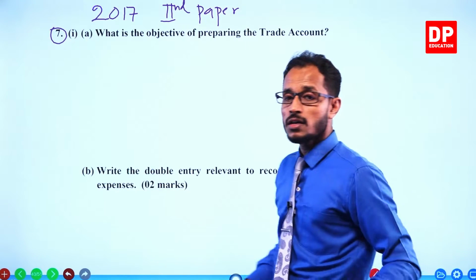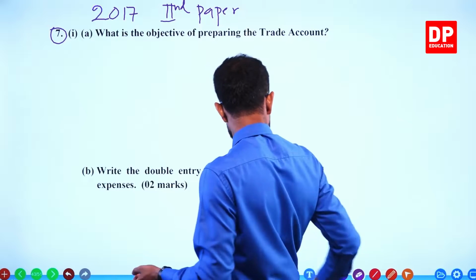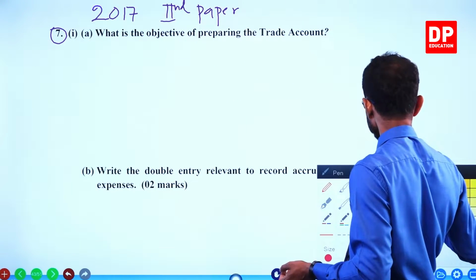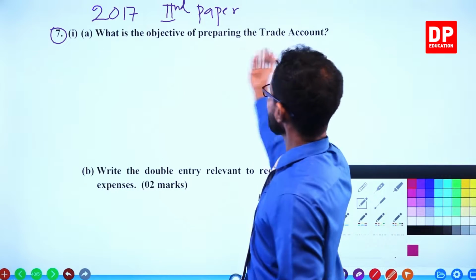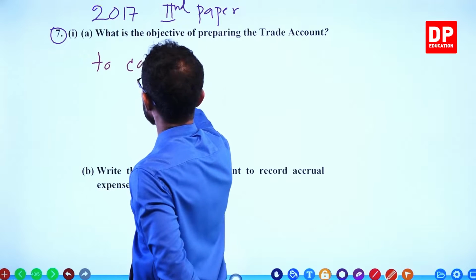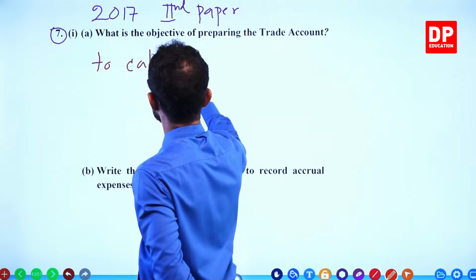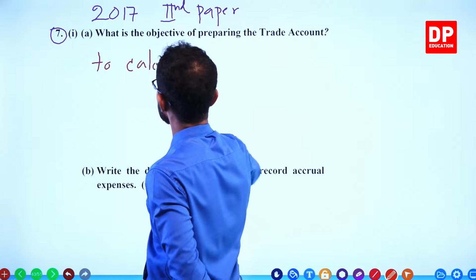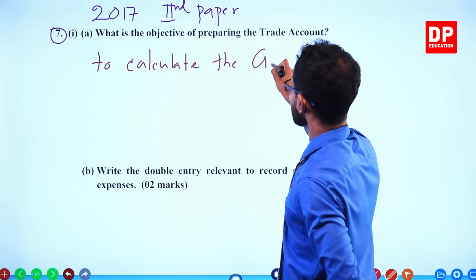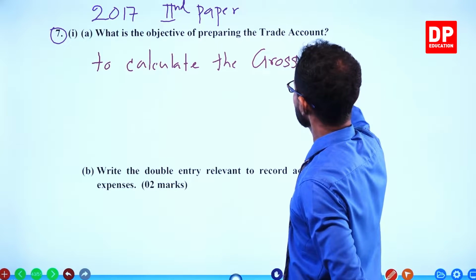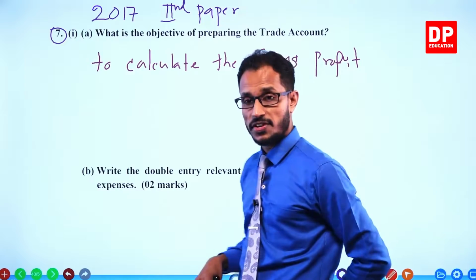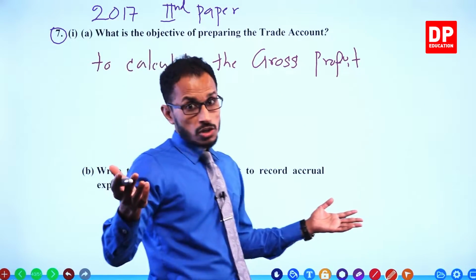All right. Now, by now, you surely know about these things. So, what is the objective of preparing the trade account? To calculate the gross profit or loss.